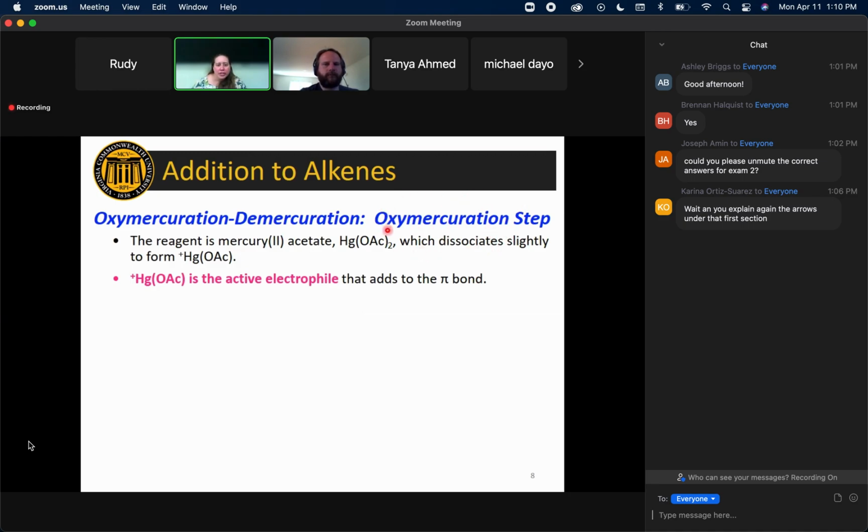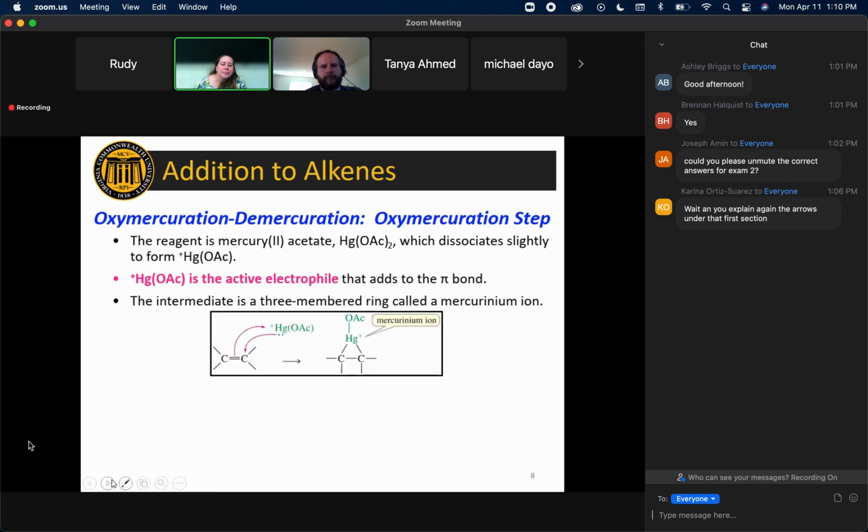In the oxymercuration step, we're going to take mercury acetate, and it's going to dissociate to form this positively charged active electrophile. So this mercury acetate with a positive charge is the active electrophile, and that's what's going to add to the pi bond.